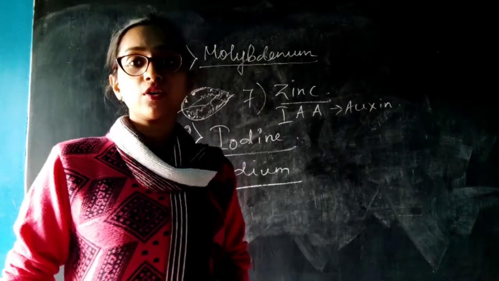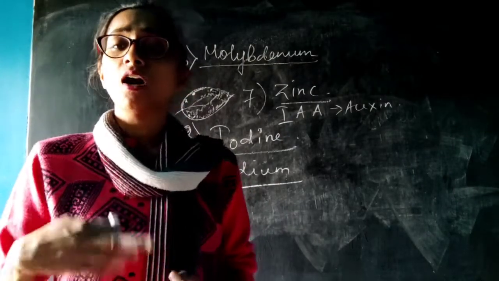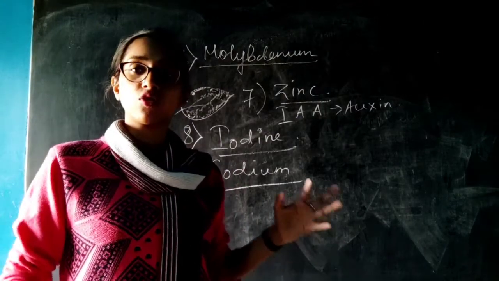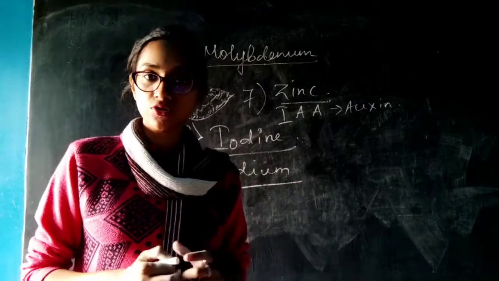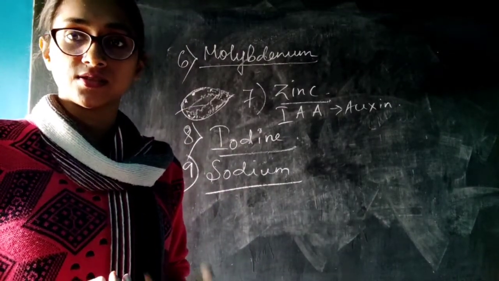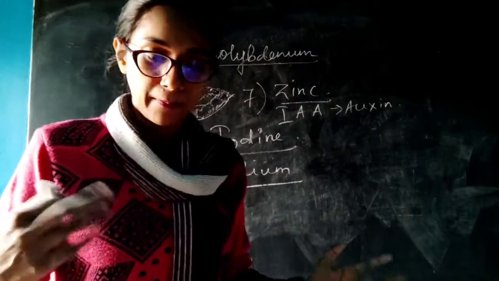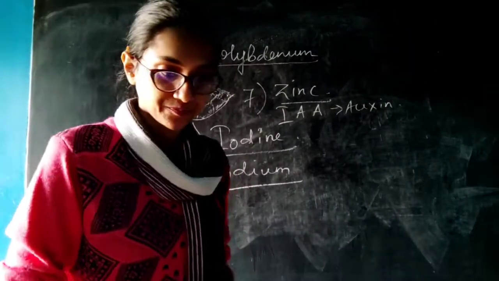Why? Because it controls muscular activity, heart rhythmicity, and neuromuscular activity. So if it is not present, that means it is not controlling these things, so obviously there will be chances of malfunctioning of these organs.